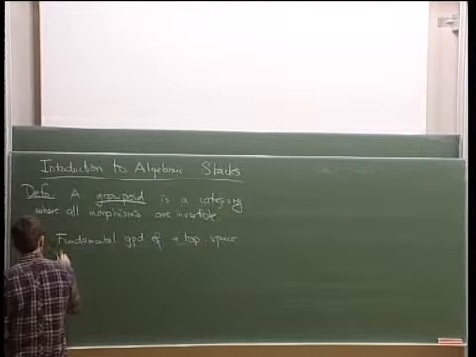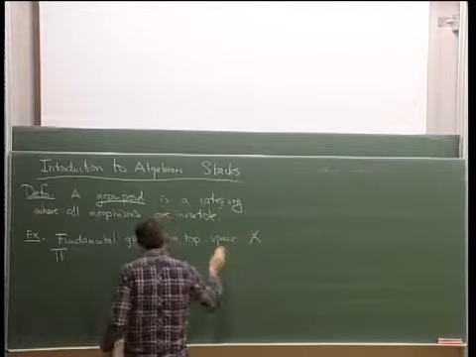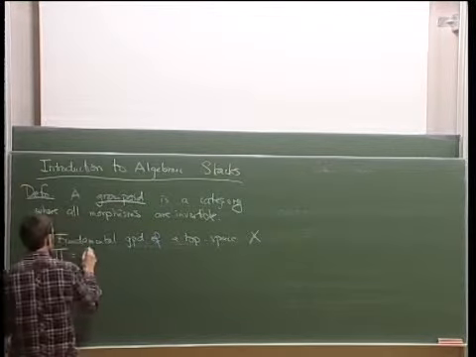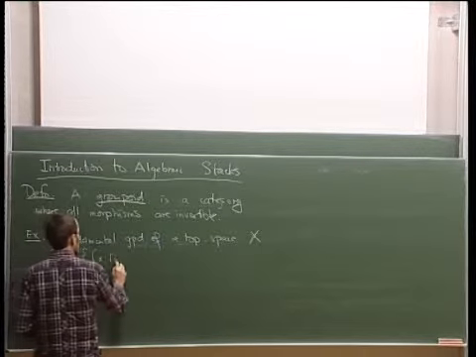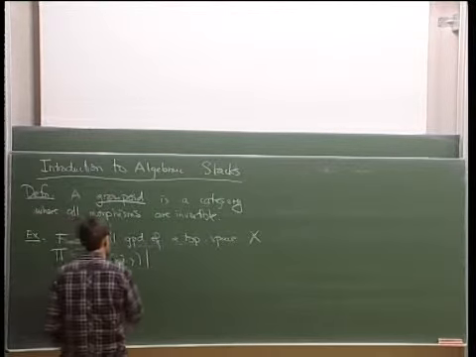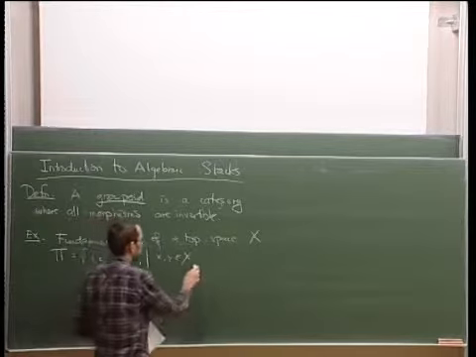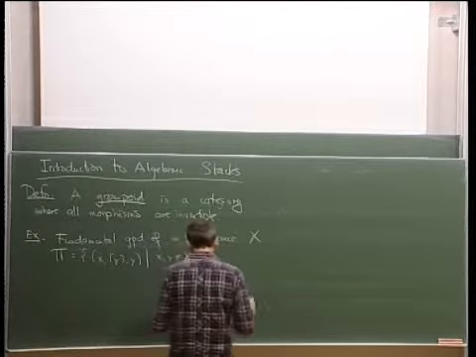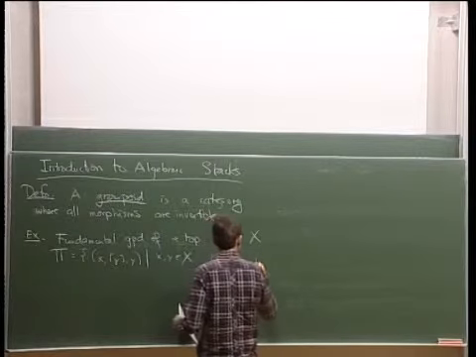So let's call this thing capital Pi. So the topological space is X. So that's the set of all triples X, gamma, Y, where X, Y are points of X, and gamma is a homotopy class of paths.